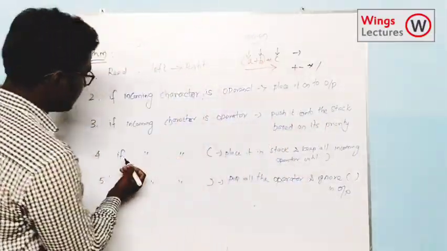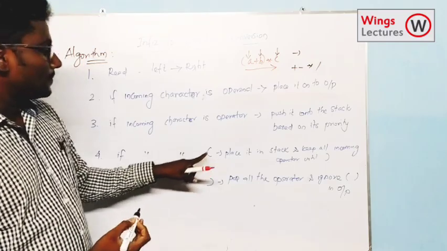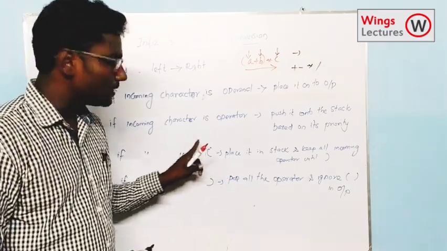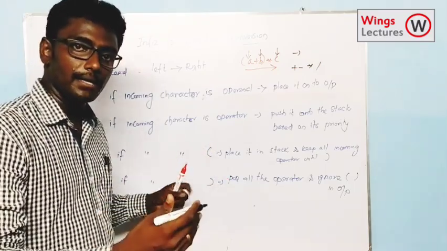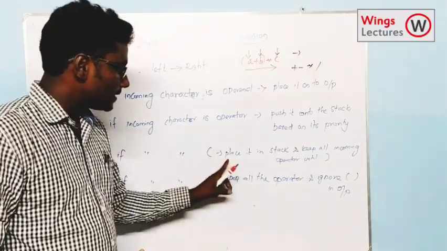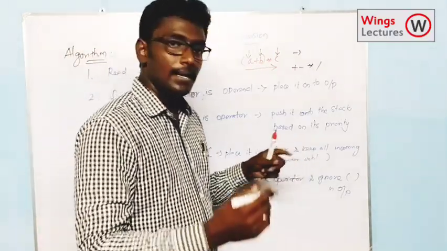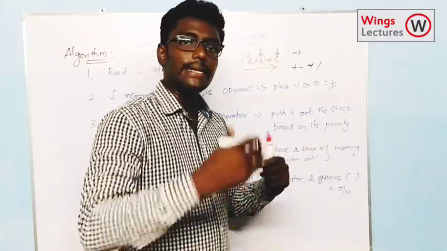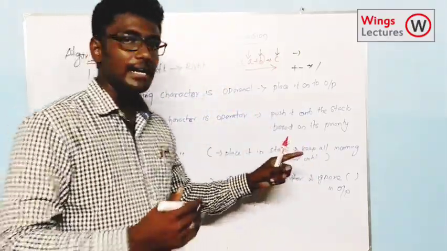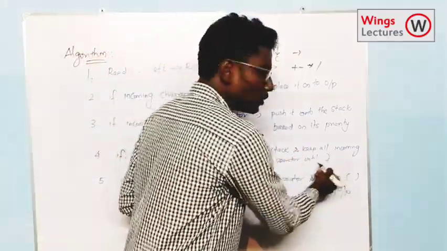Okay. Then if the incoming character is an open bracket, we can directly place it into stack, and then we have to keep all the incoming operators until we encounter the closing bracket.